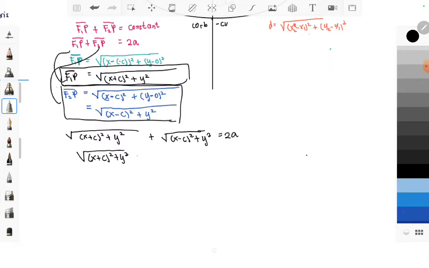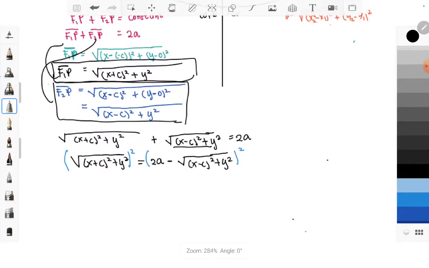I would transfer this term to the other side, so 2a minus the square root of x minus c square plus y square. Next I will square both sides in order to eradicate the square root.